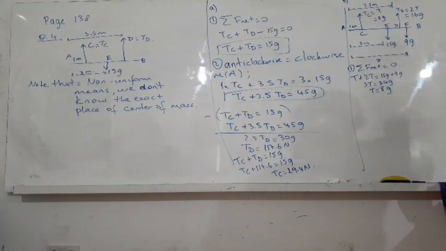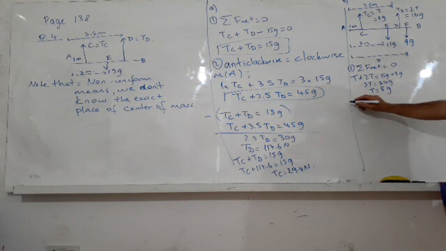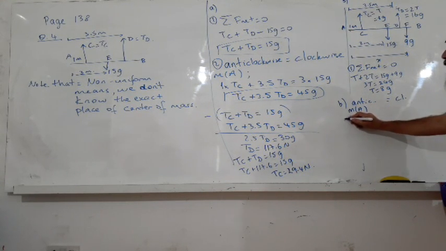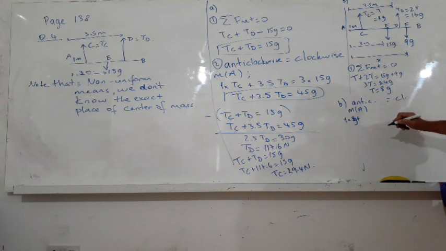Now, anticlockwise must be equal to clockwise moments. Moments about A: 1 times 8G plus 3.5 times 16G is equal to 3 times 15G plus X times 9G.